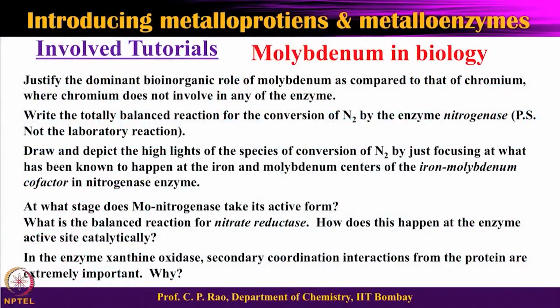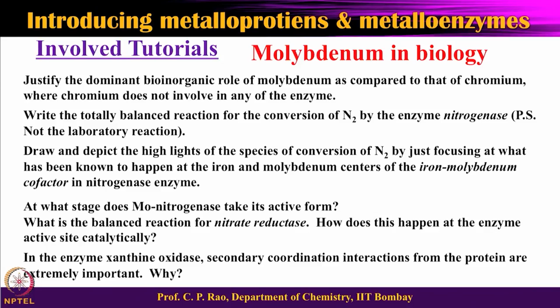Draw and depict the highlights of the species of conversion of N2 by just focusing at what has been known to happen at the iron and molybdenum centers of the iron molybdenum cofactor in nitrogenase enzyme. This enzyme requires 8 electrons, 8 protons.